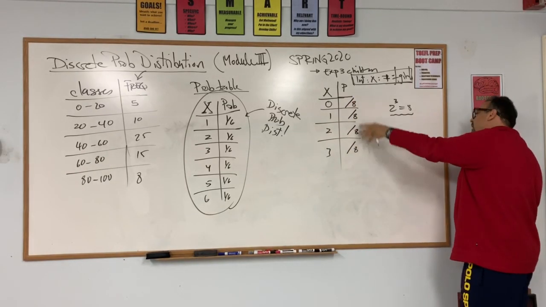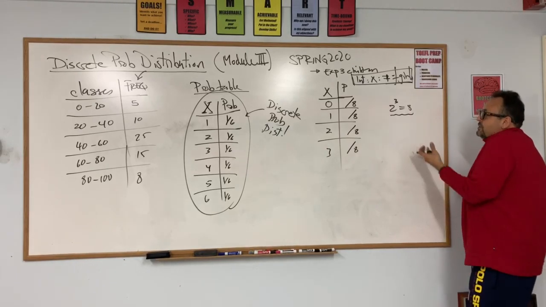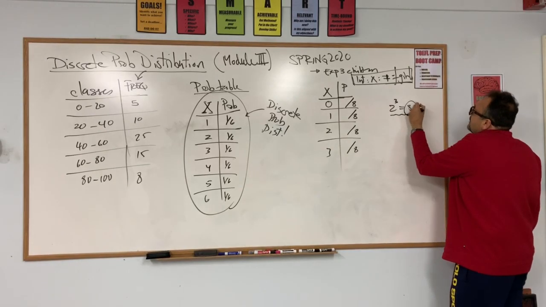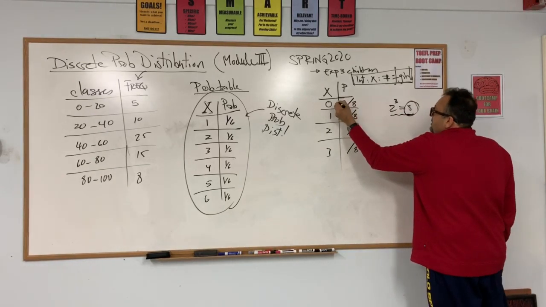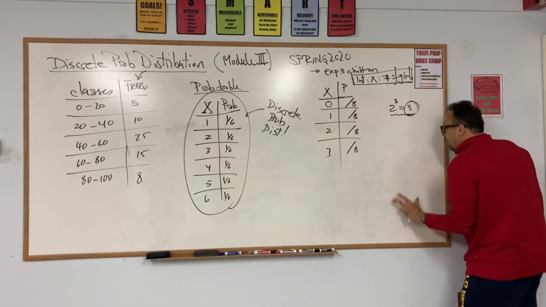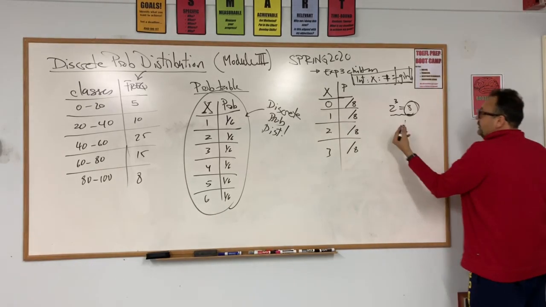And the only way I know this is to basically have the whole experiment in front of me, so I could just look at it and count and figure out how many of these 8 outcomes have 0 girls in it. In order for me to find out what goes up here, I have to figure out among all of these outcomes, how many of them have only 1 girl in it. So I'm going to do this pretty fast.